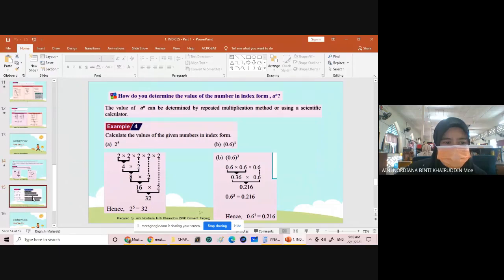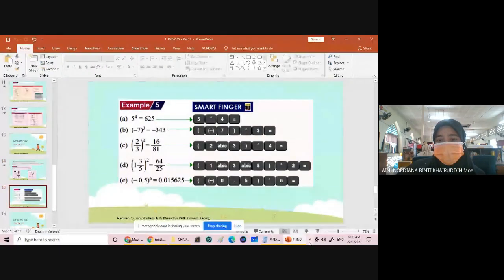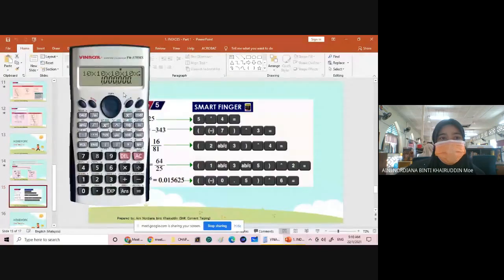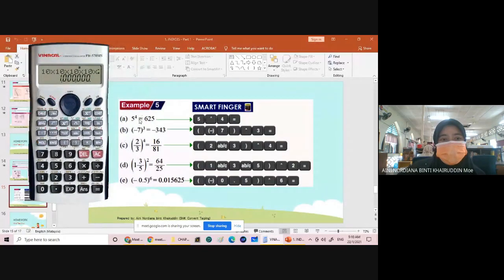Let's look at this question. I'll show you how to use the calculator. Let's say you want to calculate the value of 5 to the power of 4. If you want to calculate 2 squared, you just press this button, so you get the answer. If you want to cube, you have to press shift first and then this button, and you get the value of 2 cubed. So how about the value of 5 to the power of 4?